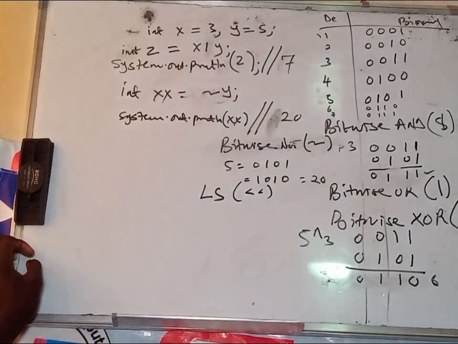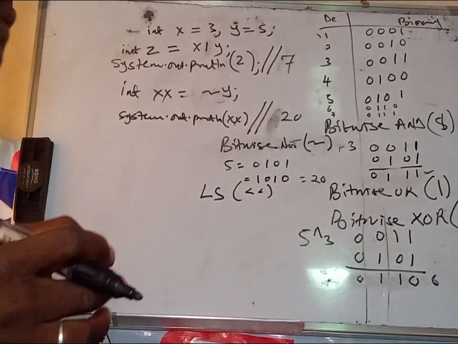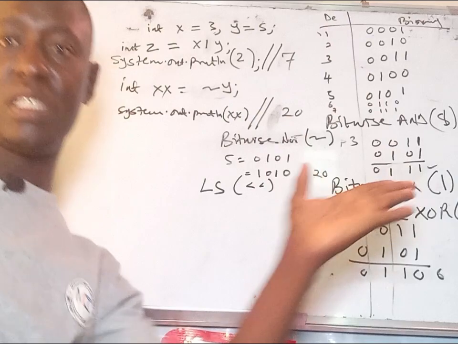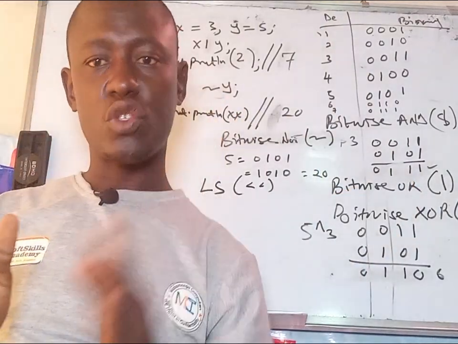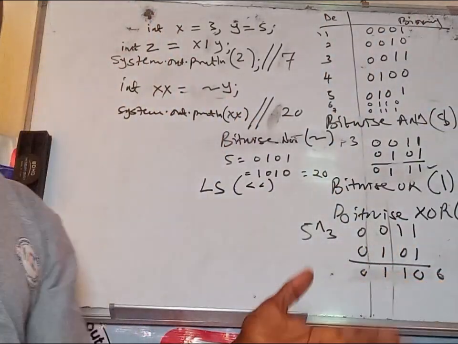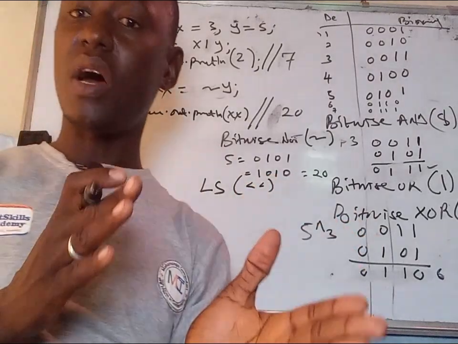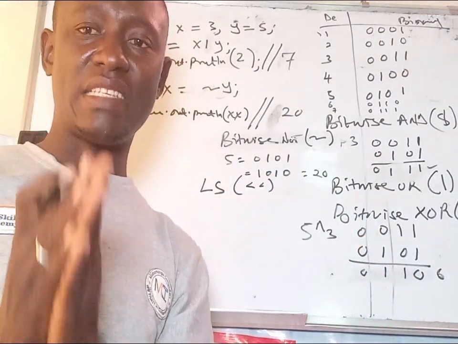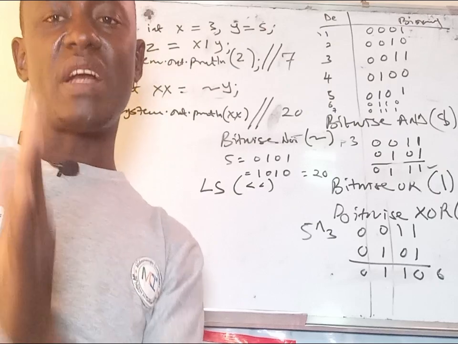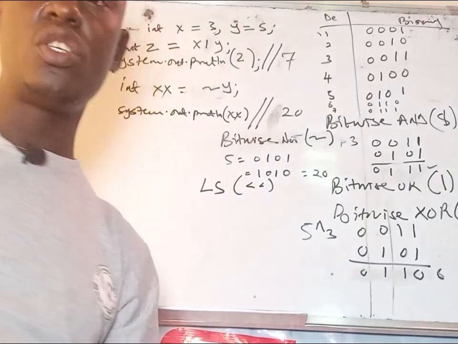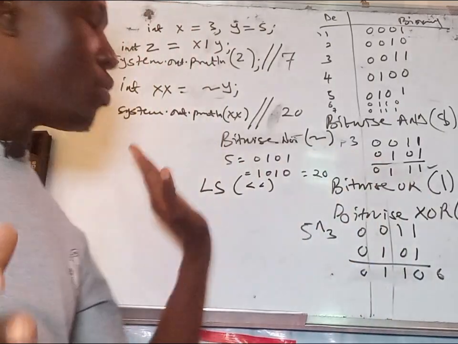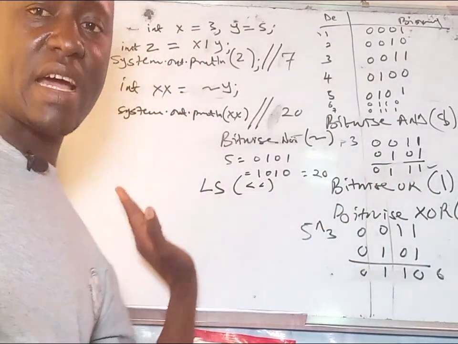What this left shift does is shift the bits of a number to the left by a specific number of positions. It depends on the position that is given to it. But no matter what, it shifts from right to left. Are we together?